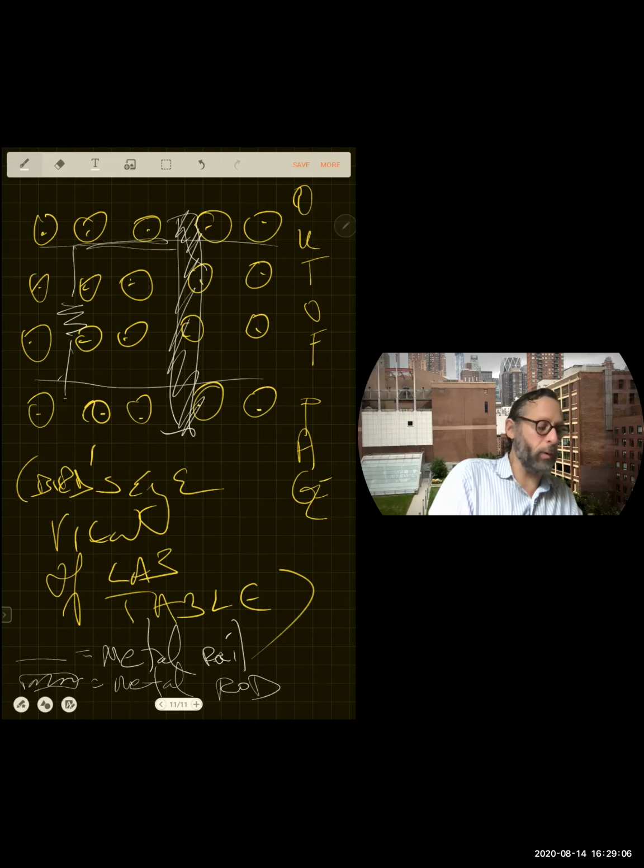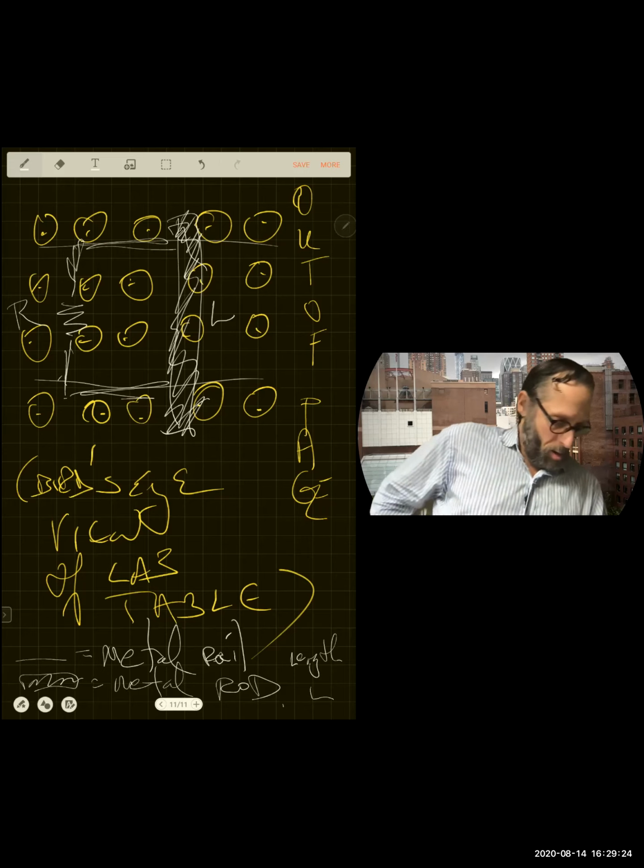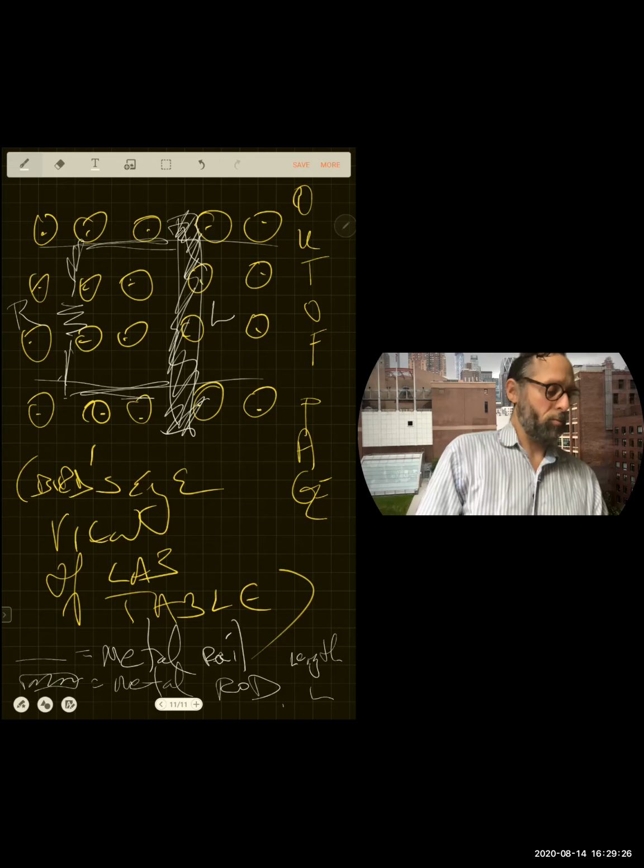So this is a rail, this is another rail, and with a resistor R right here. And this thing is a rod, length L. So metal, metal, metal, and a metal rod. Four things of metal connected, so a closed loop of metal.